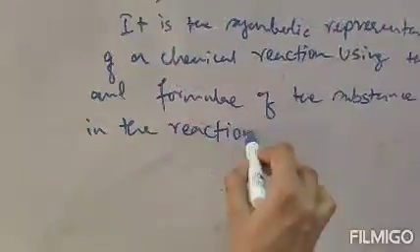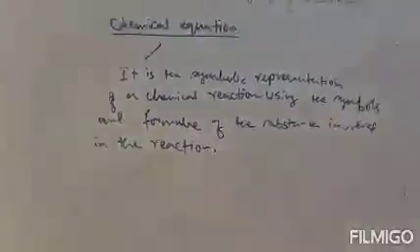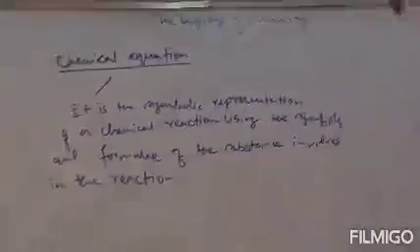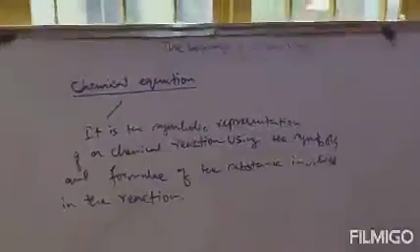So what is a chemical equation? It is the symbolic representation. We will represent a chemical equation by symbols of the substances that are involved in the reaction.